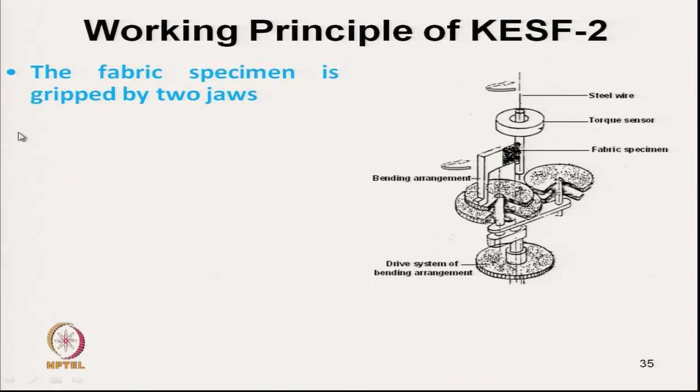So, the fabric specimen is gripped by two jaws here. This is the fabric specimen which is shown in black color. One jaw, which is a steel wire, is connected with the torque sensor, and another jaw is connected with the bending arrangement.